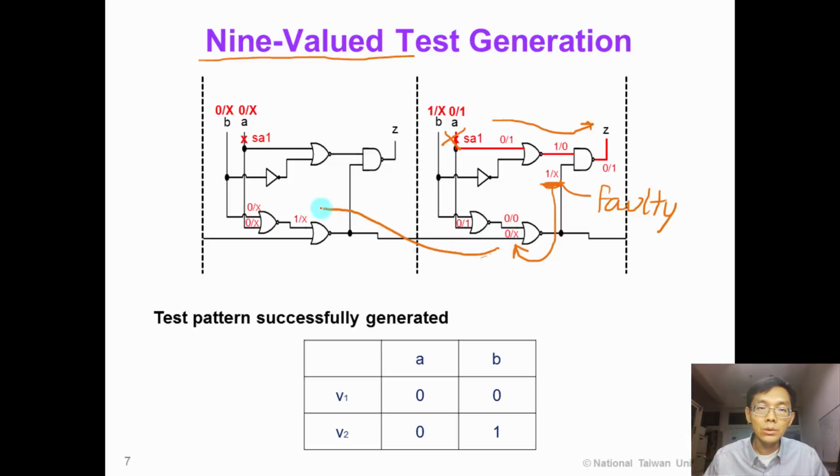Then we would need to justify from the left. So this signal would be 1X, which means that the input to A is 0X. This is consistent with the stuck at 1 fault, so there is no conflict anymore. Using the 9-value logic, we can now generate a set of test patterns, which is 0, 0 and 1, 0.